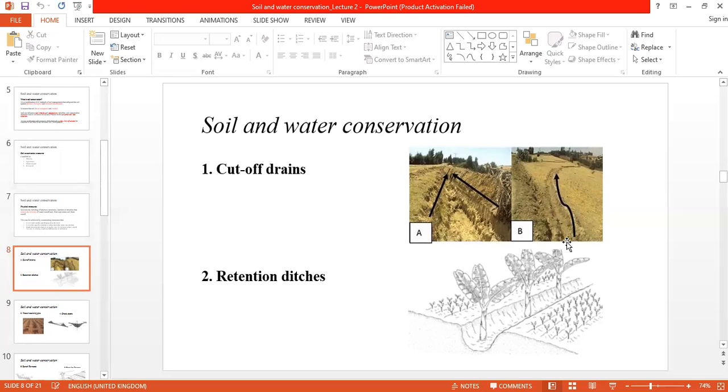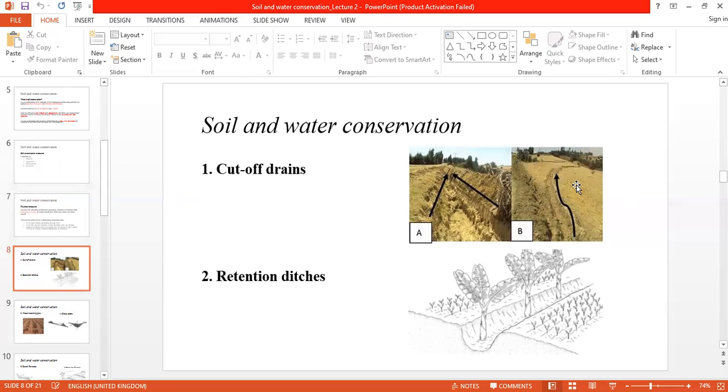The disadvantage of this one is that the space where you dig this trench, you are removing it out of production, and it also means that you can't use machinery across the trench. Those are the two disadvantages.